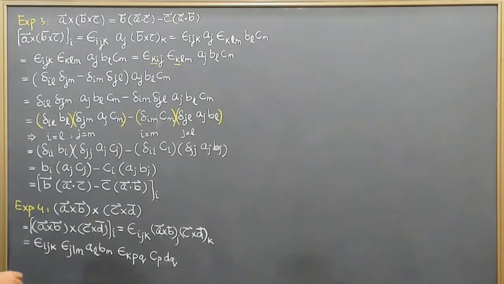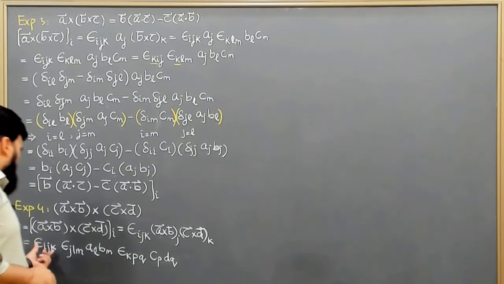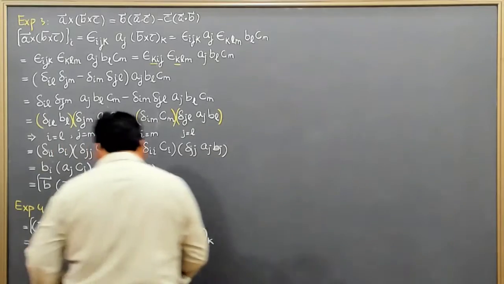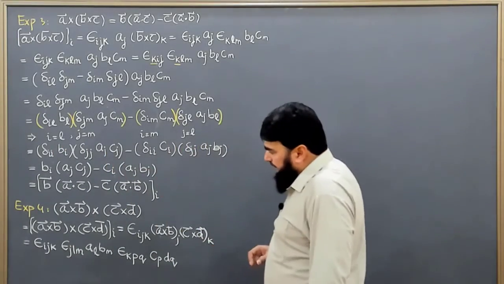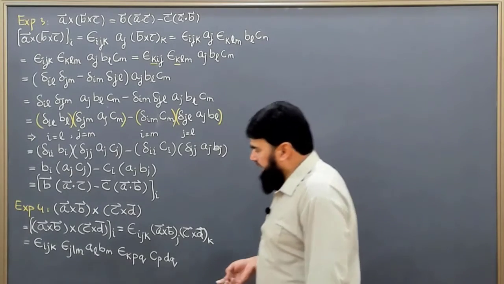And now I will solve this one. The three Levi-Civita tensors will be multiplied. So for this one, I will have to put some indices the same.